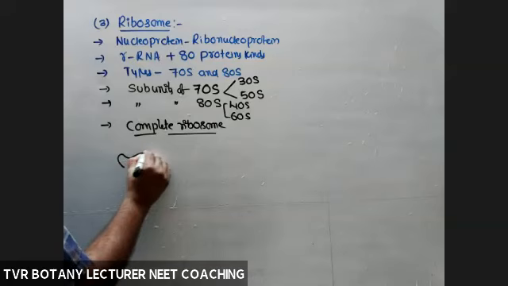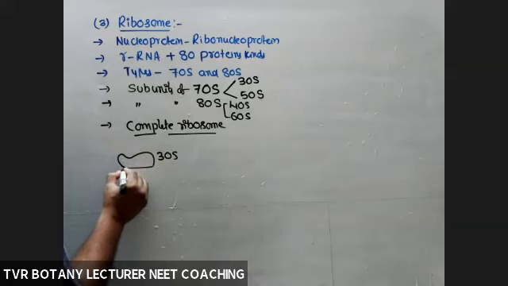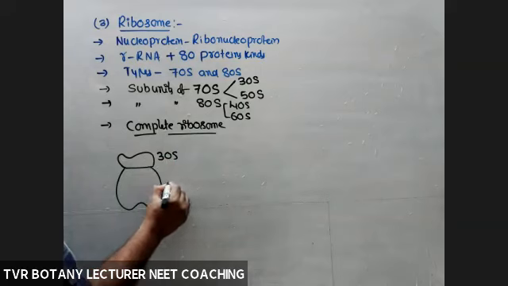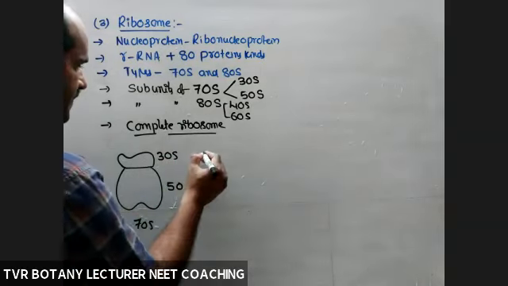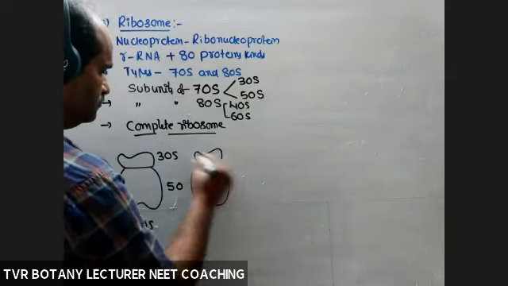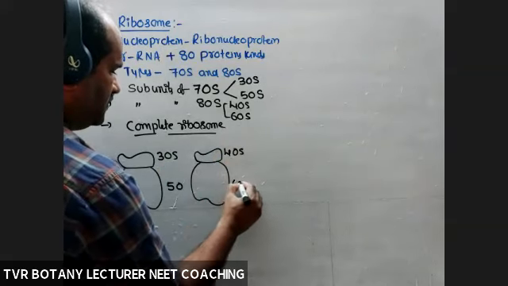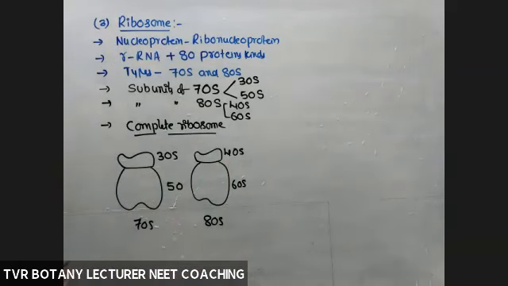A dummy diagram only: the smaller subunit 30S with 50S in the case of 70S, and 40S with 60S in the case of the 80S ribosome.